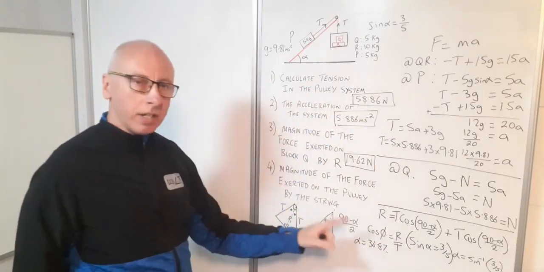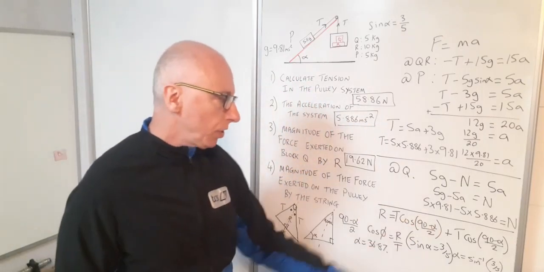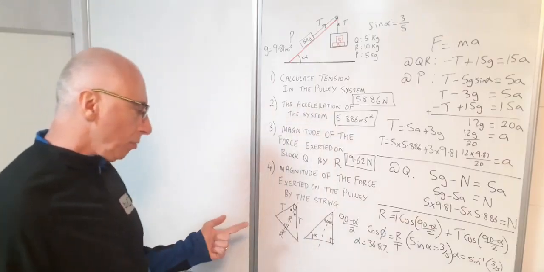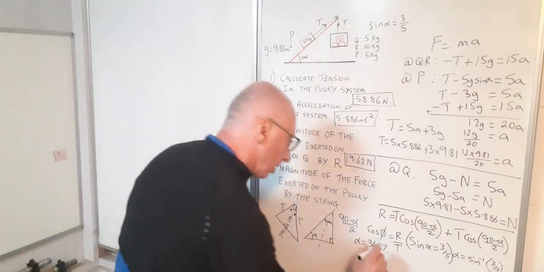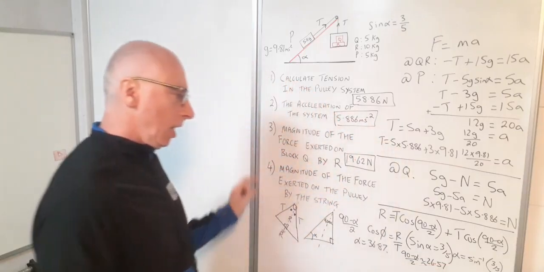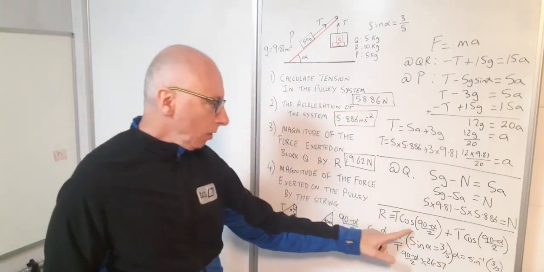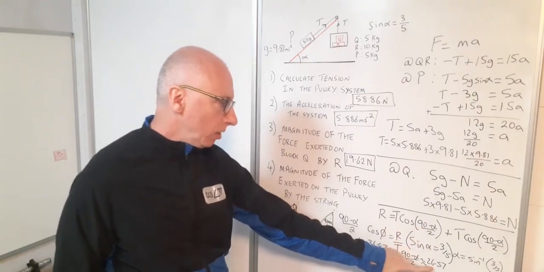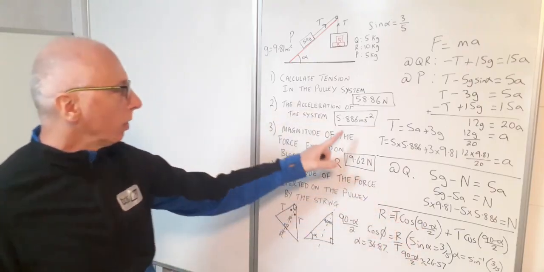But I need 90 minus alpha over 2. So 90 minus alpha over 2 is approximately 26.57.